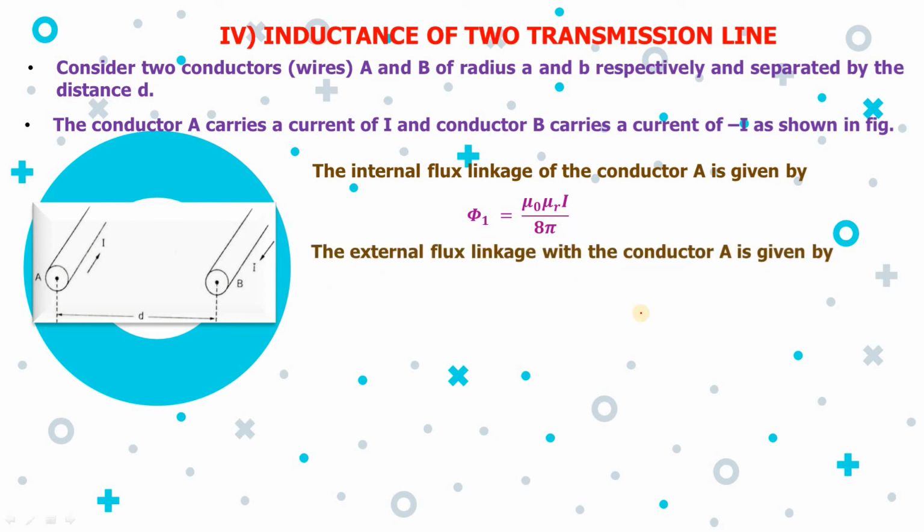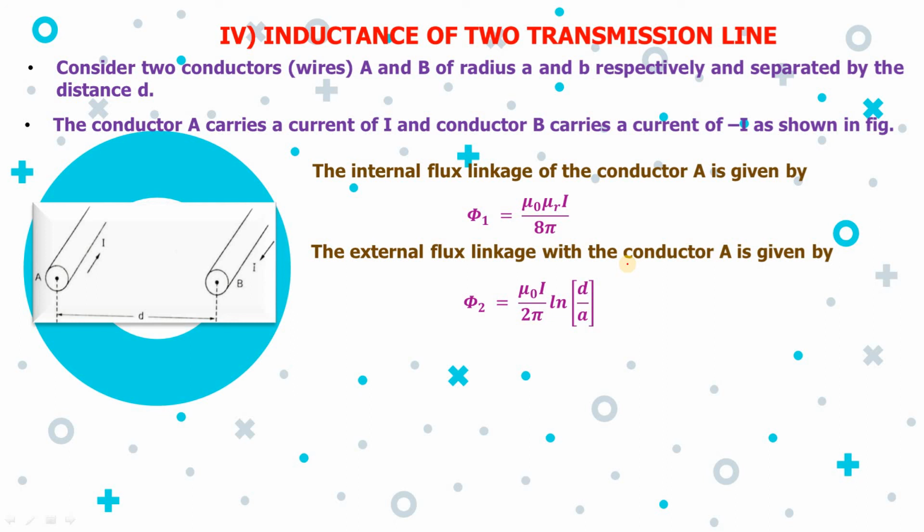The external flux linkage with the conductor A is given by the expression phi 2 is equal to mu naught I by 2 pi into ln d by a. It is the same concept as in my previous coaxial cable inductance expression.